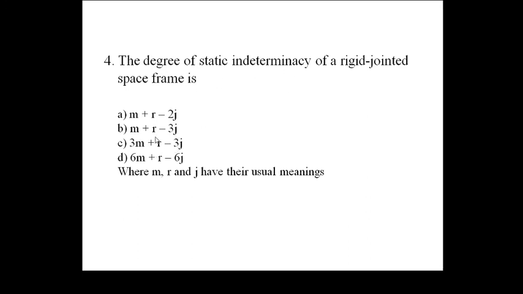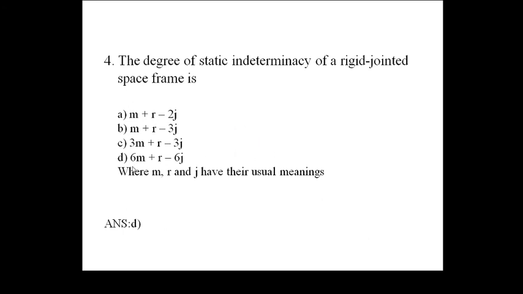We already discussed in the second question, M plus R minus 3J or M plus R minus 2J. In that question itself your answer is for space, that is 6M plus R minus 6J. If you take a space frame, on each joint 6 degrees of freedom are there.